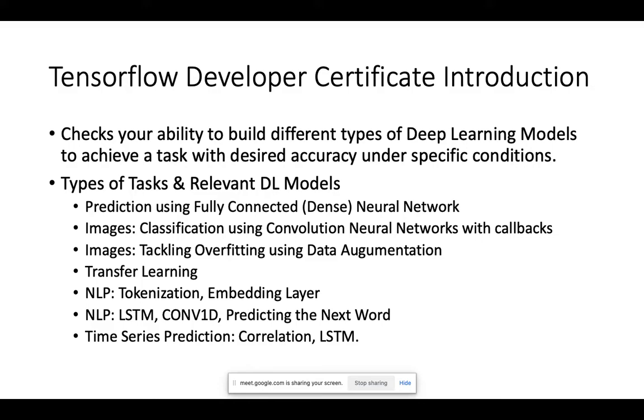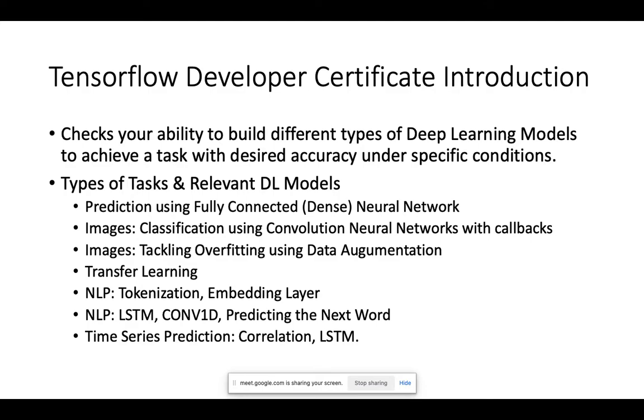There are various other neural networks, but this particular exam focuses broadly on three different types: fully connected neural networks, convolutional neural networks, and recurrent neural networks. Within recurrent neural networks, more particularly LSTMs and GRUs, gated recurrent units.